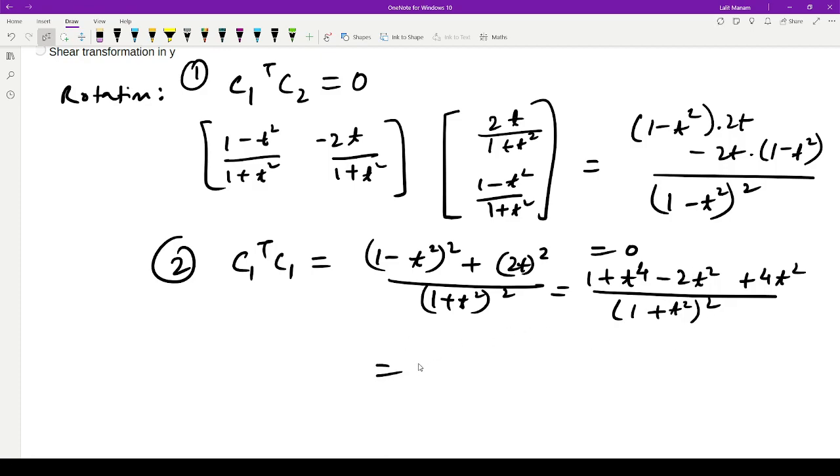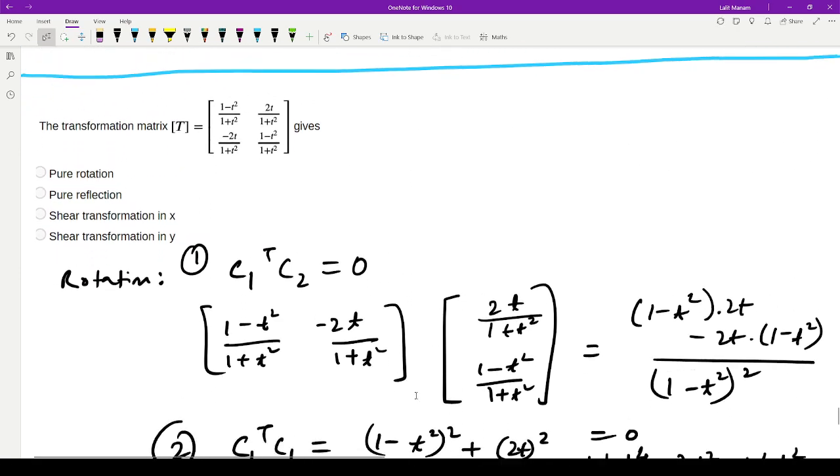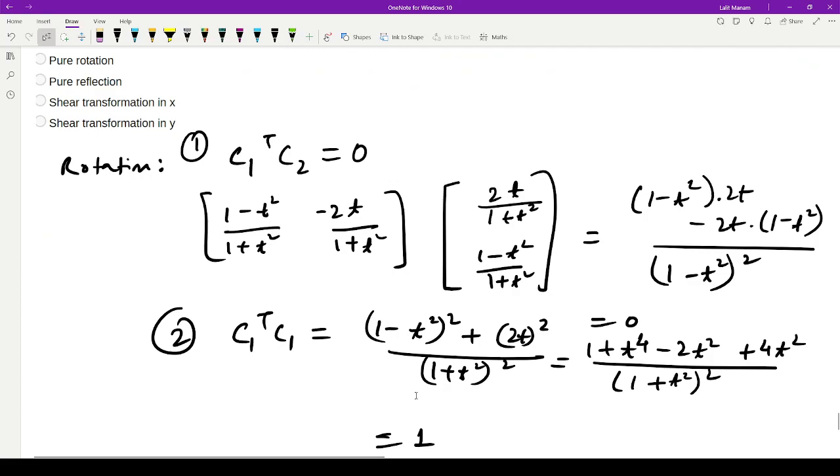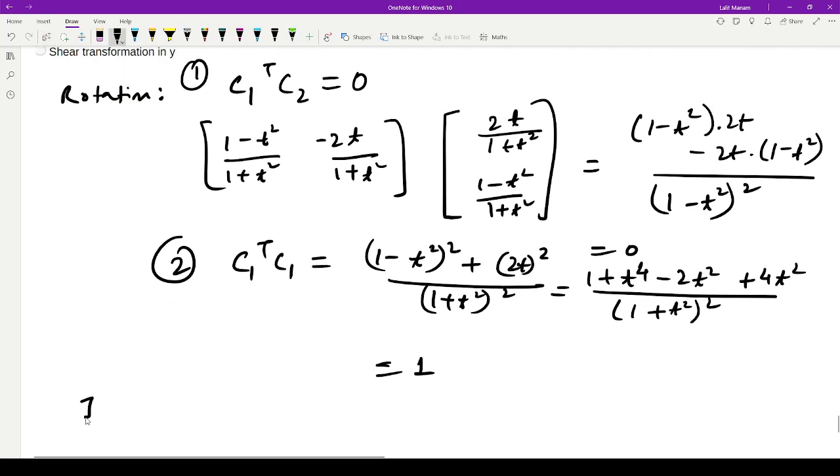So what is this? This is 1, right? Given these two things, it is a rotation matrix. Do you agree with this? It is always a rotation matrix for all values of t. Is it a rotation matrix for all values of t?